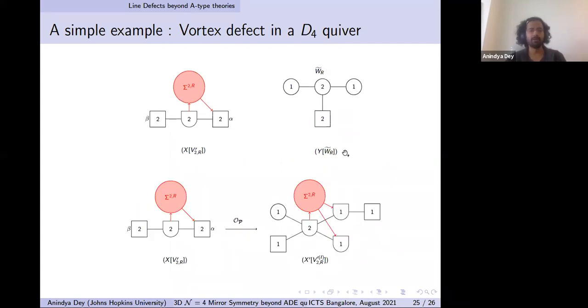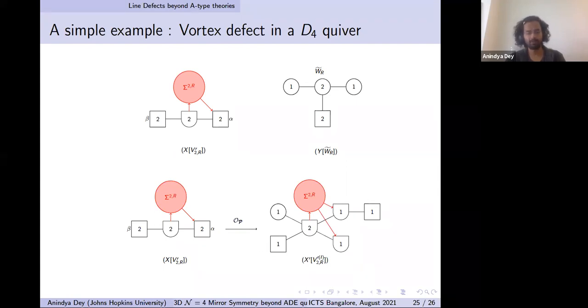So what you do is you take this linear quiver, you break this U2 into a U1 times U1, flavor this U1 with an additional hypermultiplet. And then in addition, you break this U2 into a U1 times U1 and gauge this U1. So there are 3 nodes that you're gauging. So this object is an honest vortex defect in a D4 quiver.